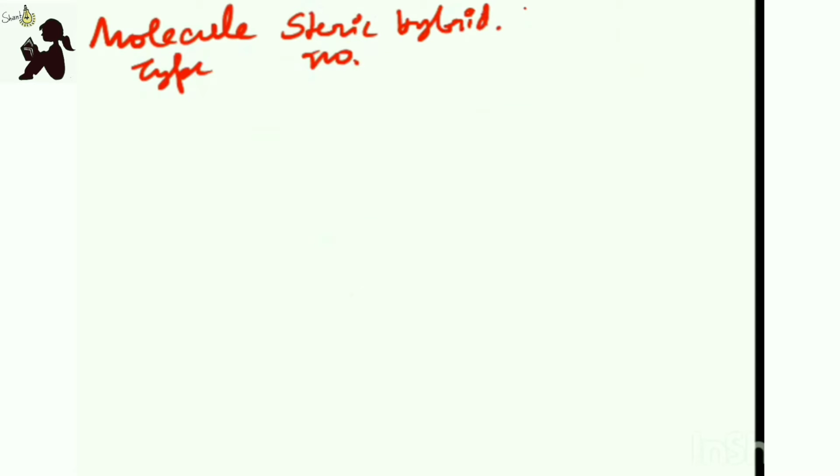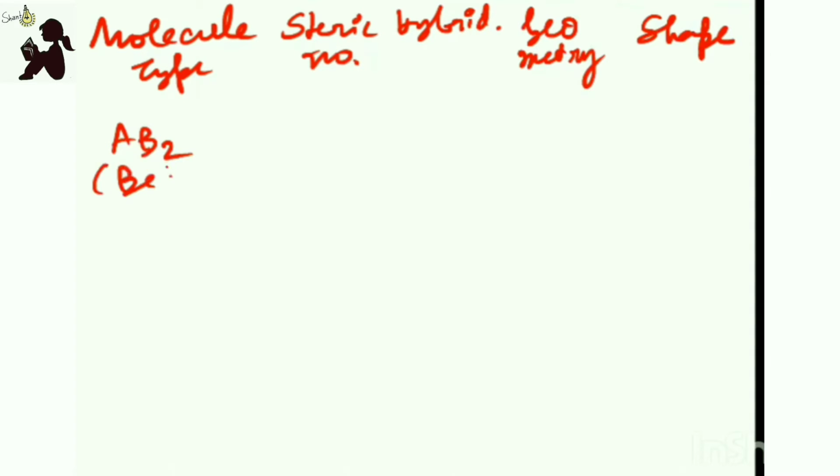First write molecule type, then steric number, then hybridization, and then geometry, then comes shape. Okay, so let's start with molecule type AB2, that is our BeCl2.